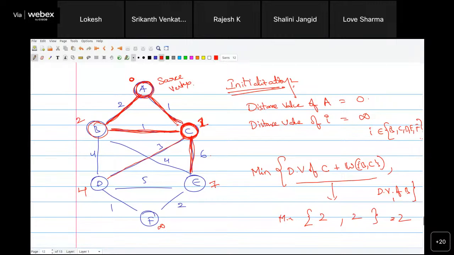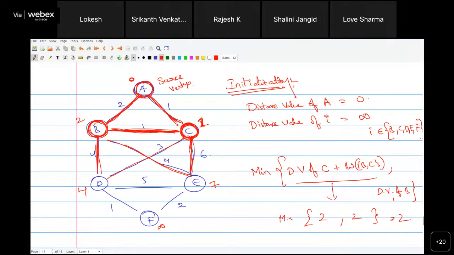Now I will move to the next adjacent vertex of A. Once I am done with C, I will move to B, and repeat the process by looking at the neighbors of B: D, E, C. You don't need to check C again, because the BC edge weight is already checked, so it will not alter much.